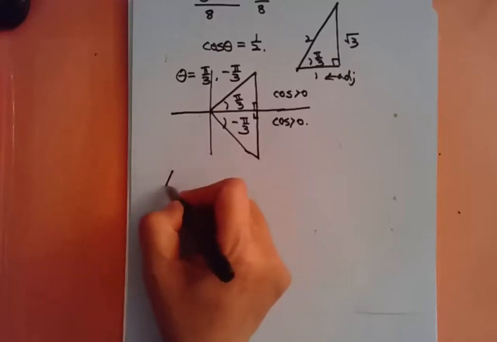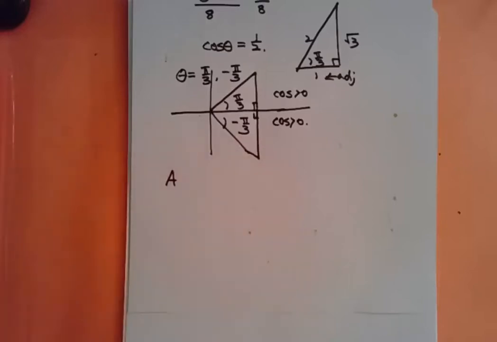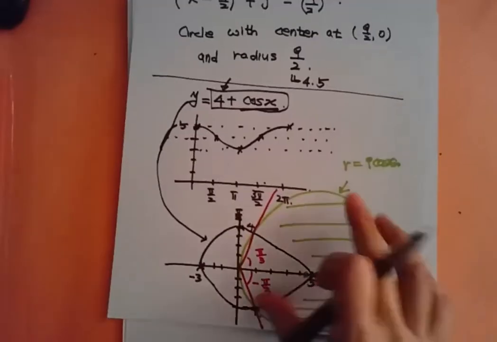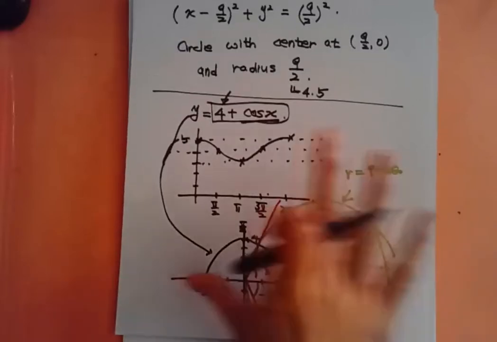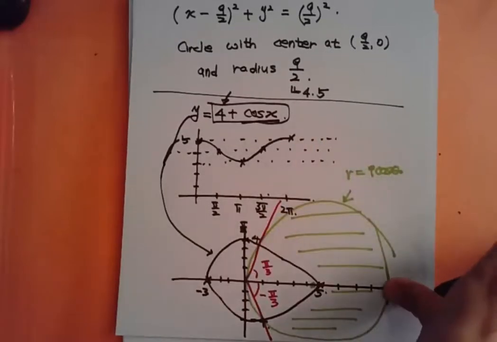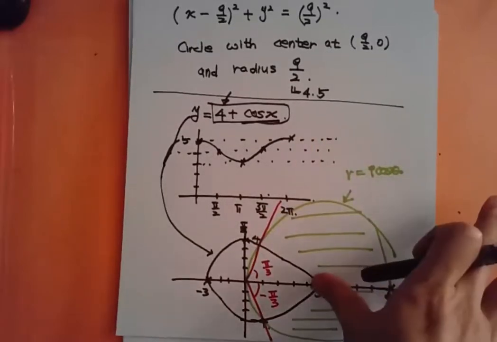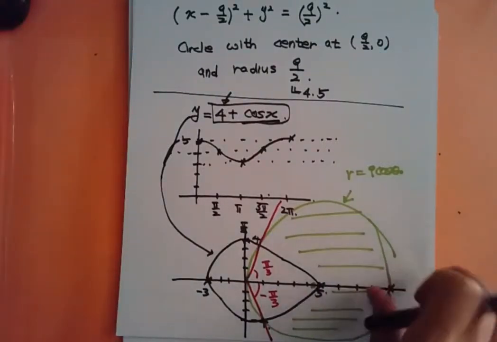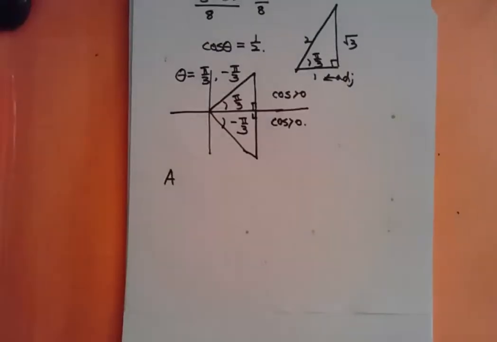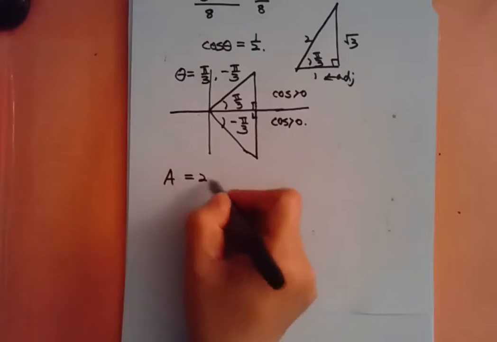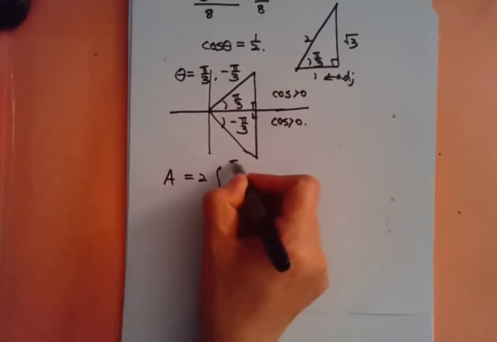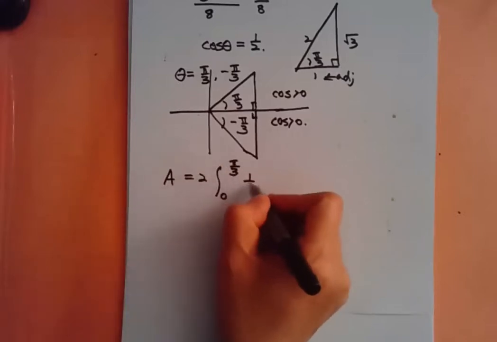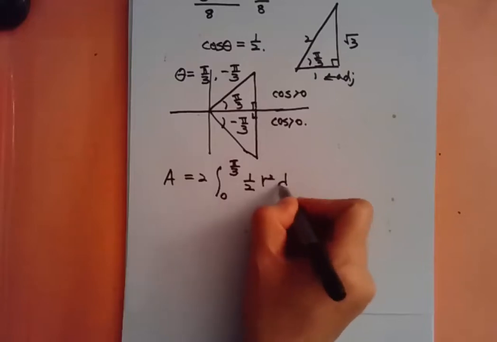So we are almost done. If you look at the graph, then that is symmetric along the x-axis. And so it is enough to calculate the area above the x-axis and then double it. So the area is twice the integral from 0 to pi over 3 of 1 over 2 r squared d theta.